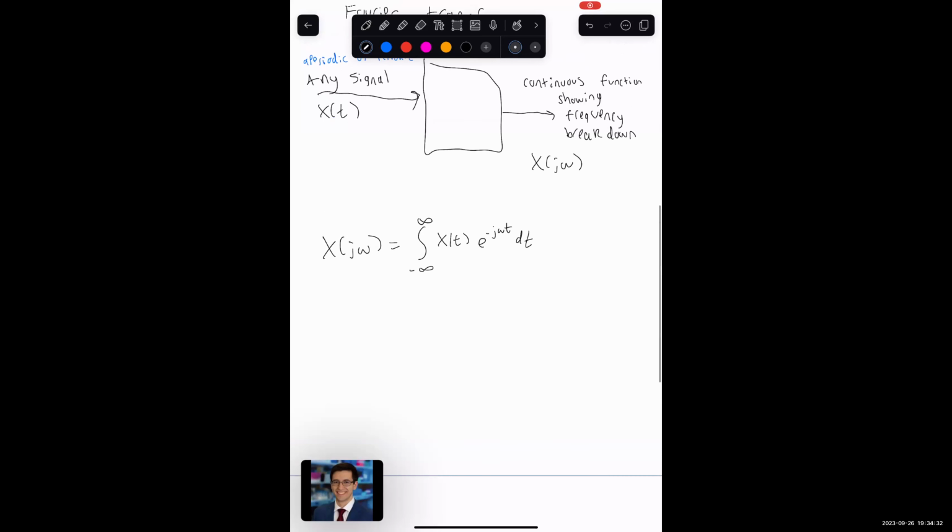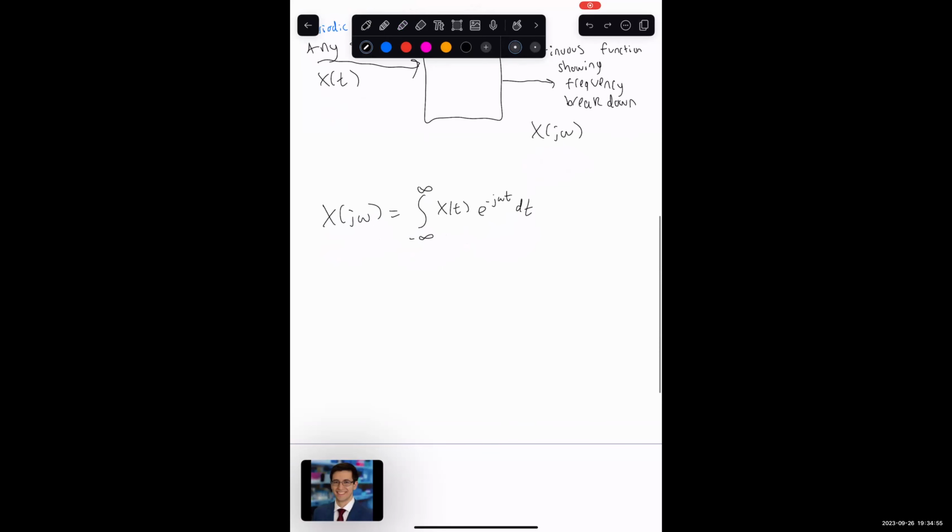Here we have our continuous function showing the frequency breakdown in the frequency domain, shown here. And how we get that is taking the integral of our initial time domain signal with this. So you may wonder, okay, what does this actually mean?